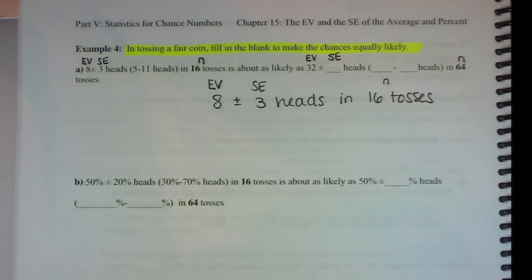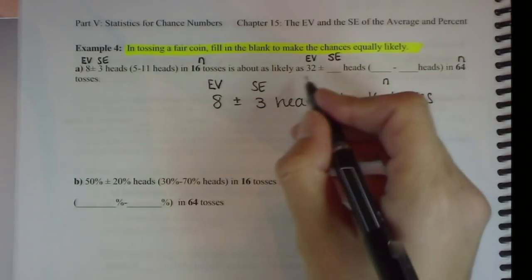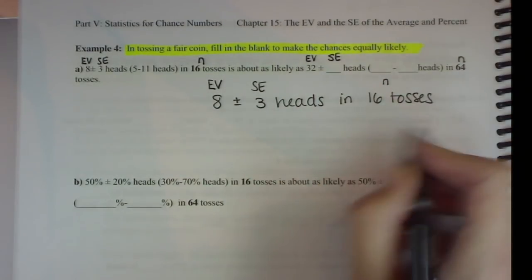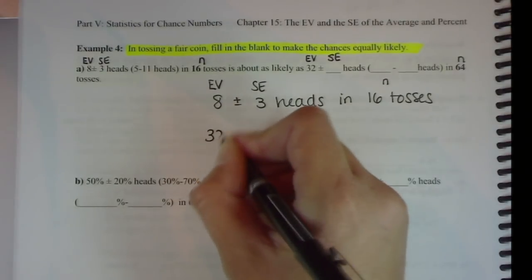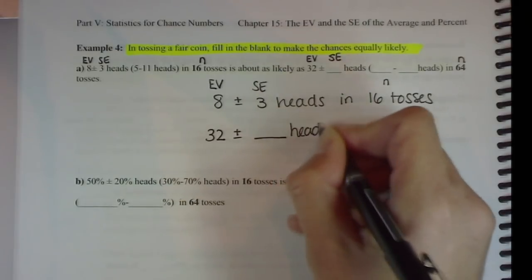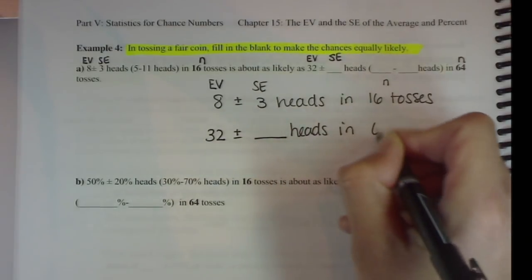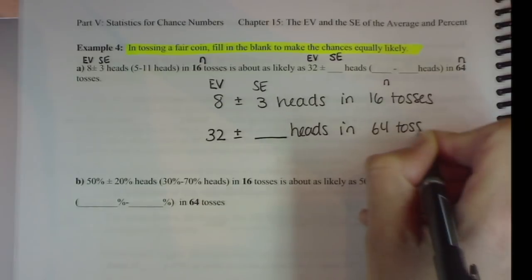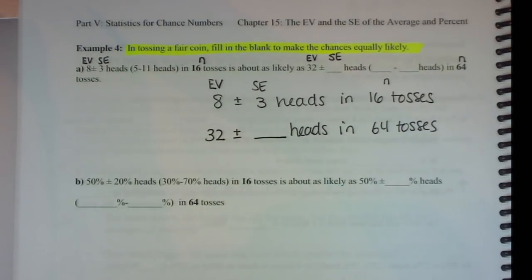Because I could say I'm expected to get 8 heads, but as we've said in the past, flipping a coin, there's randomness, so it's better to give a range. So how does that change if I do 64 tosses? Well, my expected value, I'm expected to get half heads, so still half, which is 32 in this case, in 64 tosses.